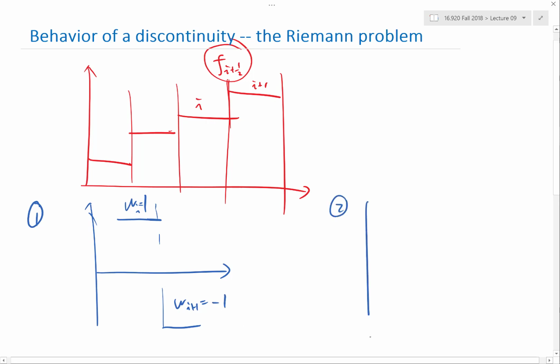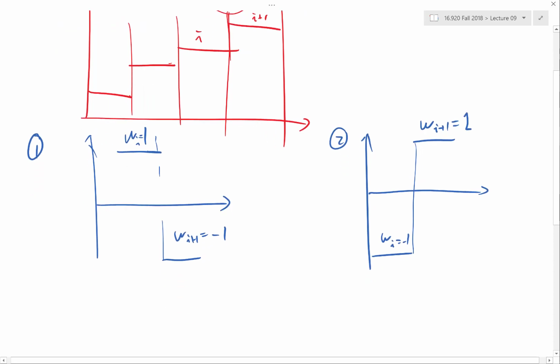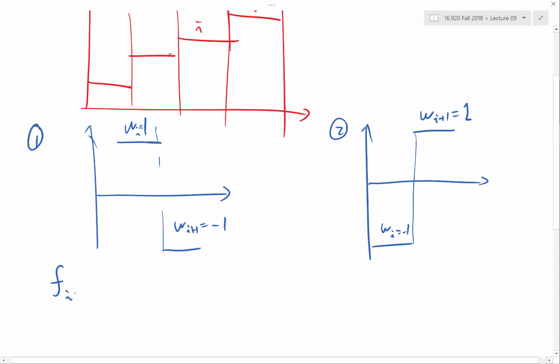And the second case is the opposite. The second case is Wi equal to minus 1 and Wi plus 1 equal to 1. So the question is, in the first case, what should Fi plus half be? And in the second case, what should Fi plus half be?